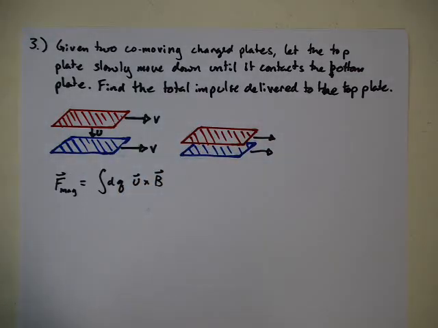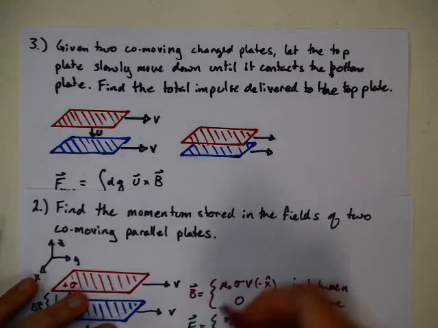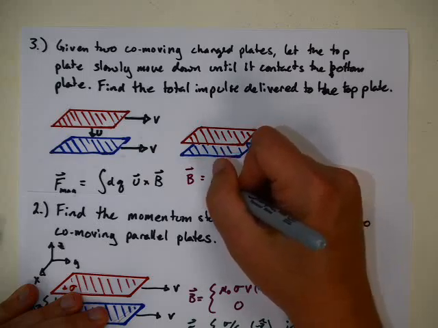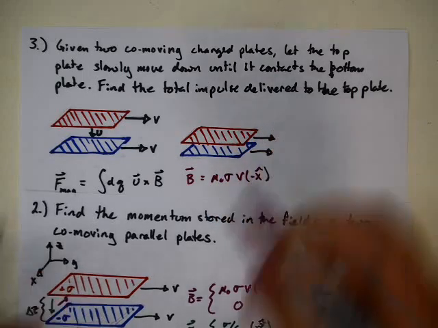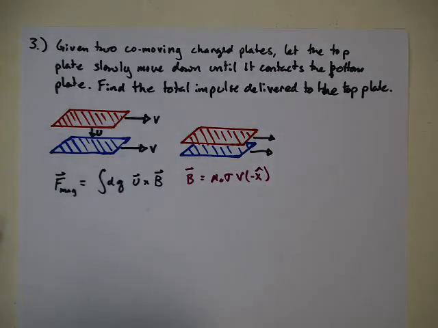I know the magnetic field from the previous problem, so I'm just going to write this down. This magnetic field is mu naught sigma v in the minus x hat direction. And so we just have to do that problem.